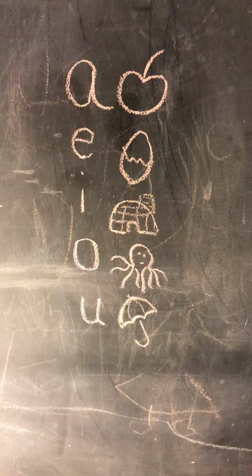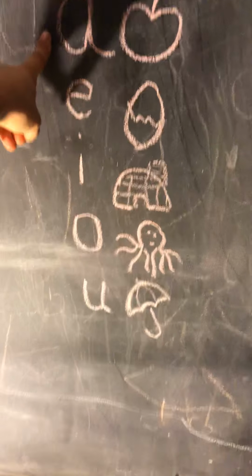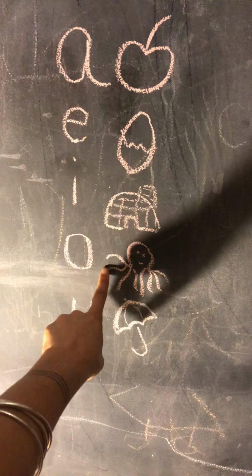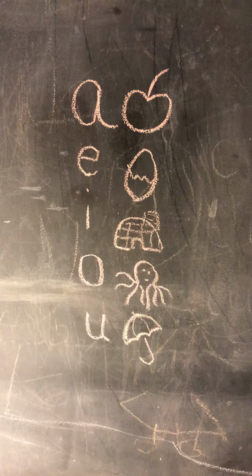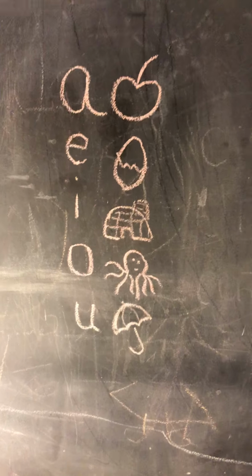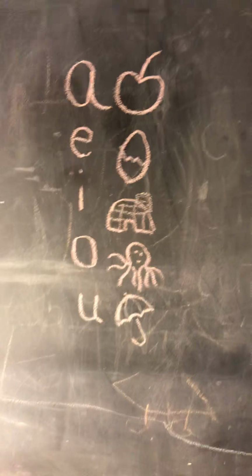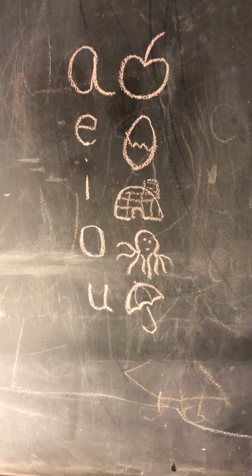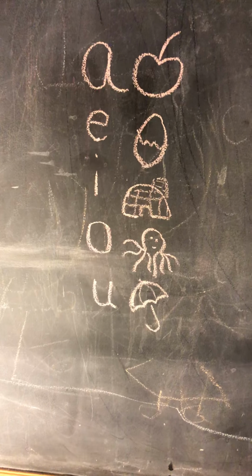So the vowels are these 5 letters that go: we have A, we have E, I, O, and U. And you know something very special about these letters, boys and girls? Every single word will have one of these letters in English. Any word in English, no matter what, will always have at least one vowel.